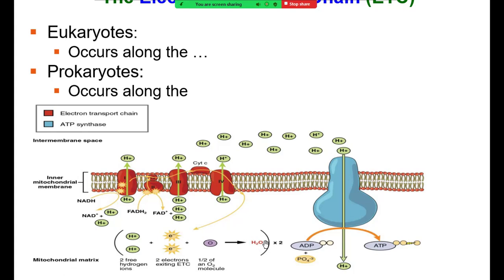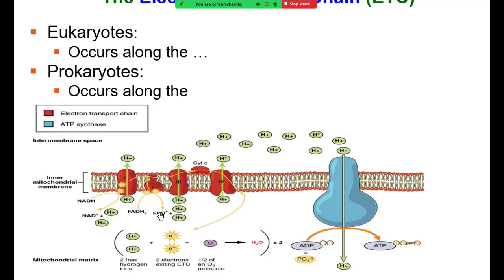Humans aren't very good at keeping this water, and so we breathe out a lot of this water. We do keep some, but we probably breathe out more than 50%. I don't know what we breathe out, but we're not good at keeping the water. And that's how we generate water in aerobic respiration.